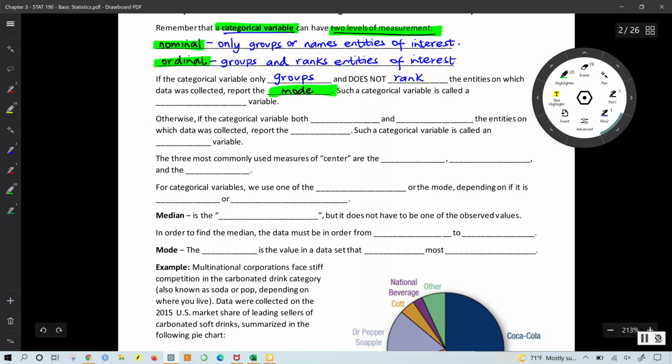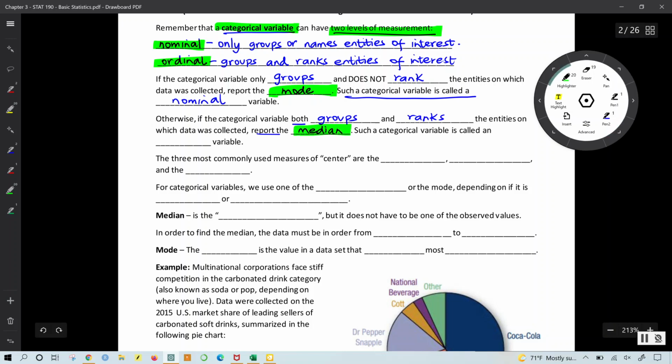All we want to do right now is to remember that such a categorical variable is called a nominal categorical variable. Otherwise, if the categorical variable both groups and ranks the entities on which the data was collected, then we must report the median. Again, we're going to discuss what the mode and the median are in a little bit. And whenever you have a categorical variable that both groups and ranks, such a categorical variable is called an ordinal categorical variable.